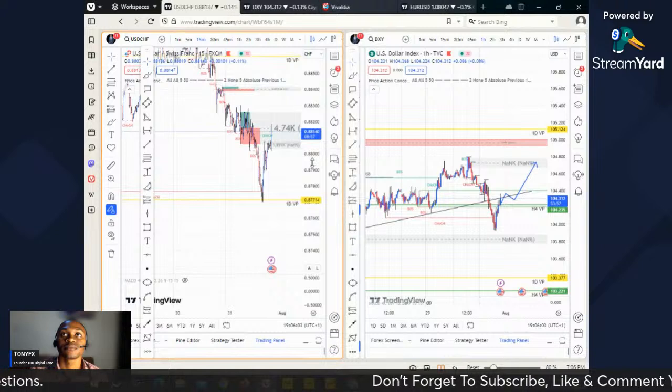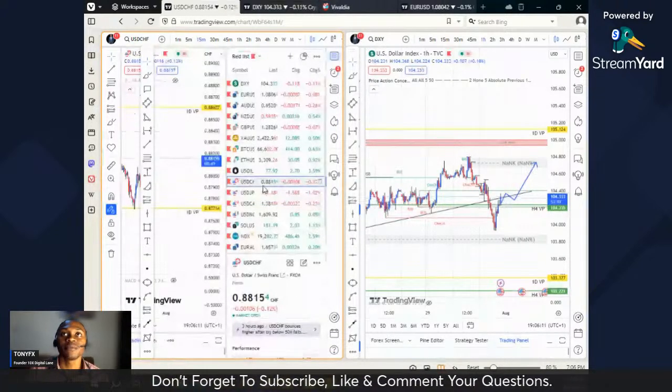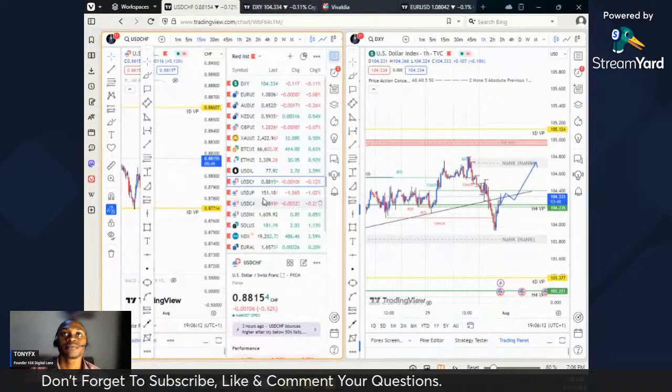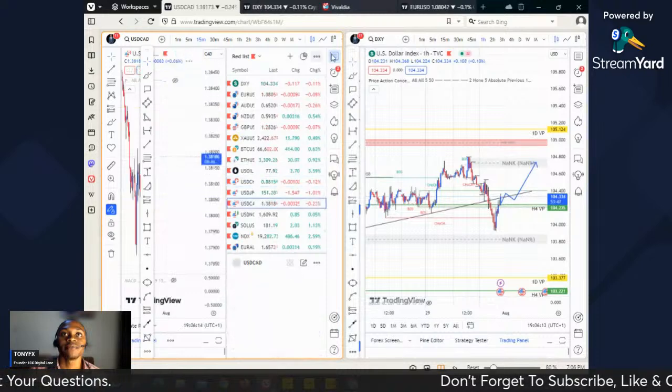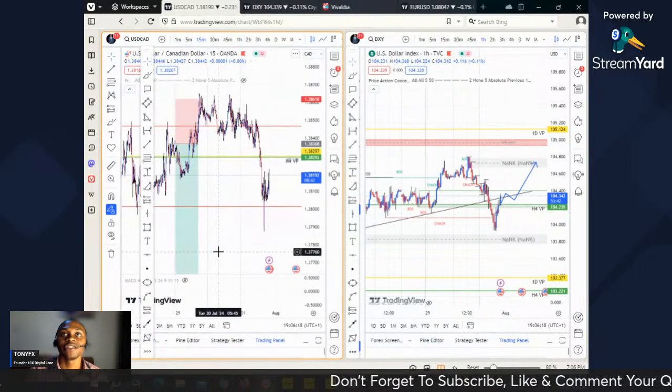As market is moving up, how about dollar card? The market is moving up as well for dollar card.